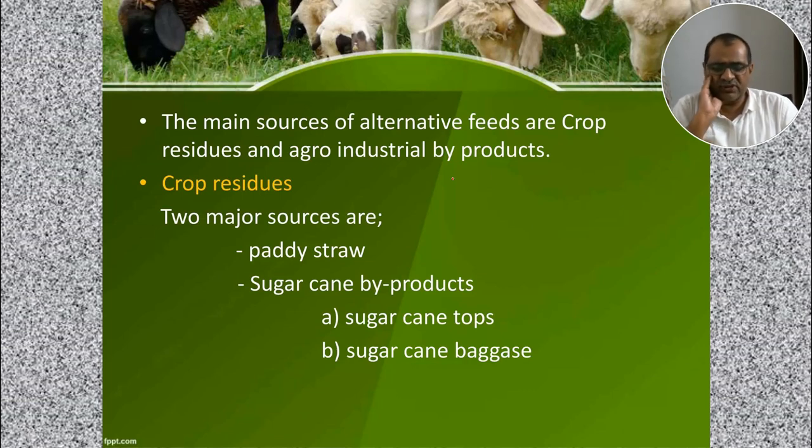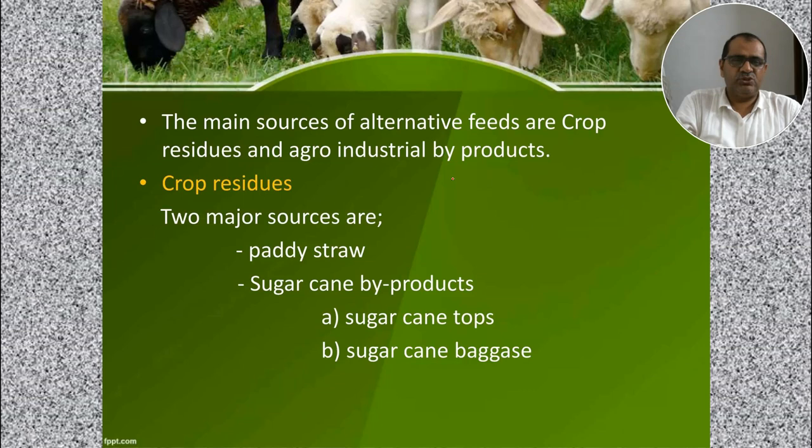And apart from this, the unconventional feed sources are fodder trees, and also some crops which are grown in between the regular or commercial crops. And sometimes brewers industry waste is also utilized. Sometimes cereal waste, etc., is also utilized as an alternative source of feed for the animal.